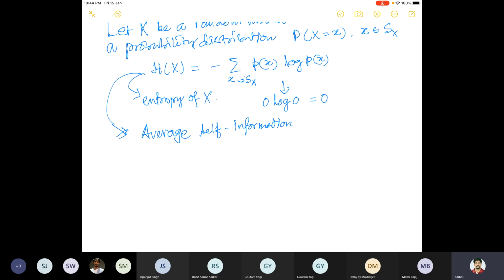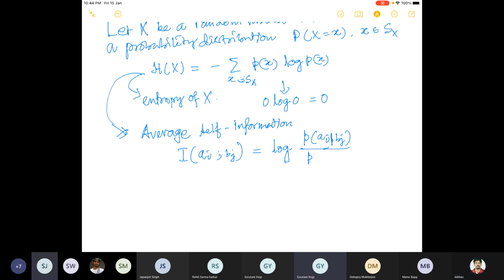Mutual information means we define I(a_i; b_j) as the log of P(a_i, b_j) divided by the probability of a_i.